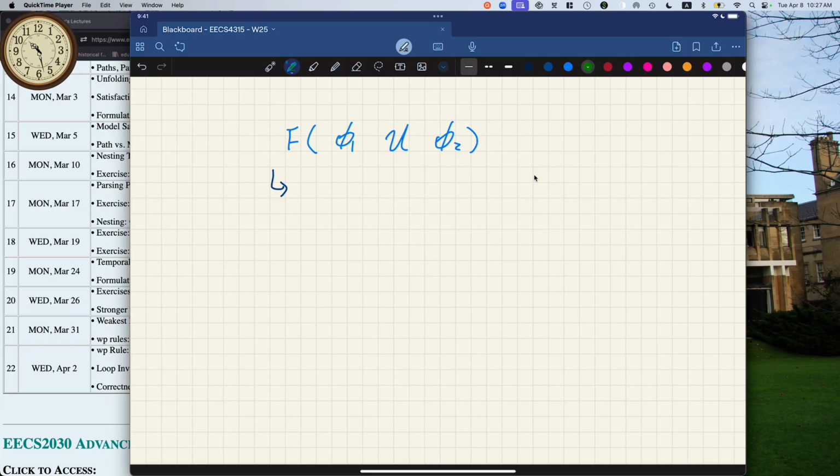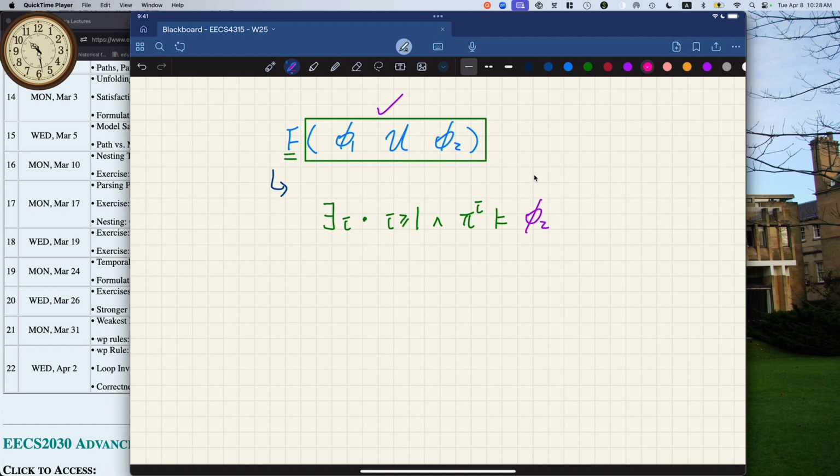You can definitely try with this one here, because this particular nesting is supposed to be something that should be satisfied at some future point. So you would say there exists some i, with i larger than or equal to 1, and also pi i will satisfy phi 2 over here.